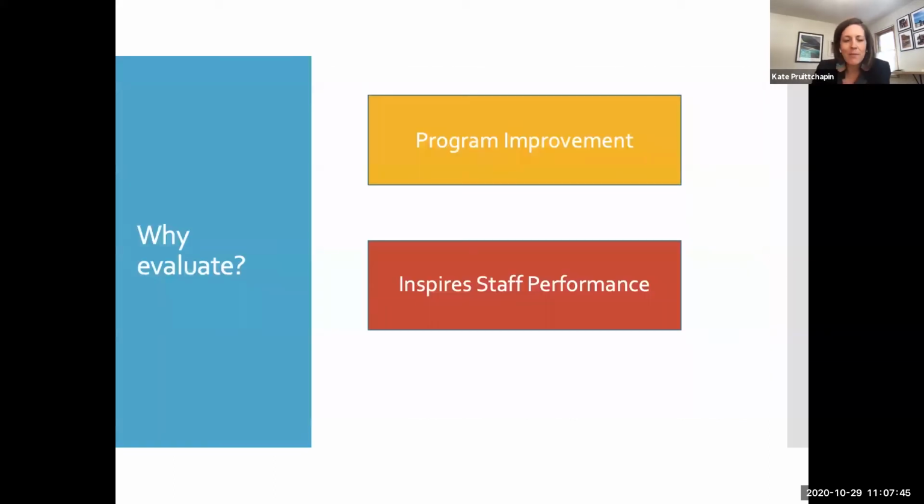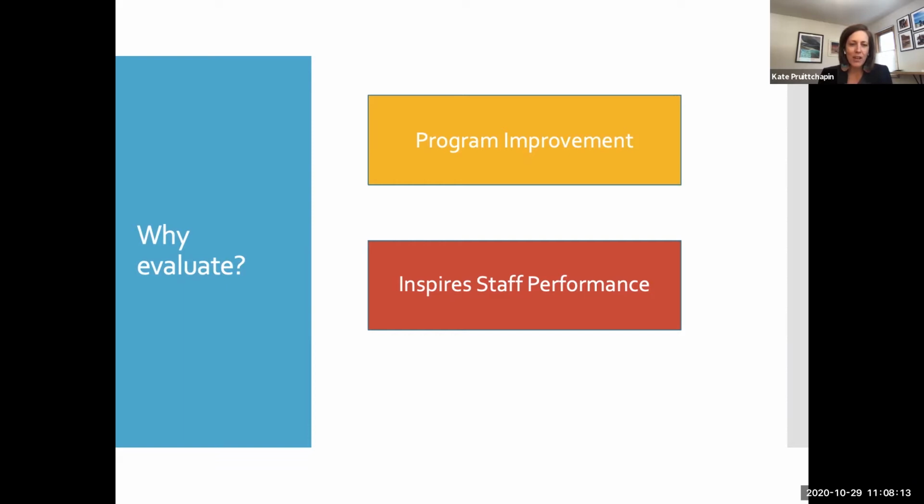All right. So in our roles in nonprofits, we're often asked to do more with less, and program evaluation takes time. So why evaluate? We evaluate because it helps us improve our programs. If a program isn't effective, then we do a program evaluation. It helps us understand how we can improve, what activities we should continue and build upon, and what activities should be modified.